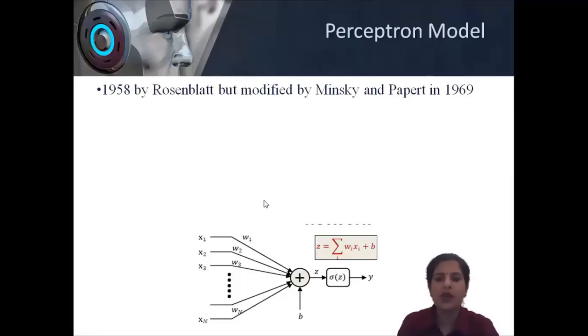It was given by Rosenblatt but modified by Minsky-Papert. Minsky-Papert in 1969 pointed out certain shortcomings of the Rosenblatt model, and that it could not be used for solving real world problems, which are mostly nonlinear in nature. So it needed some modification.